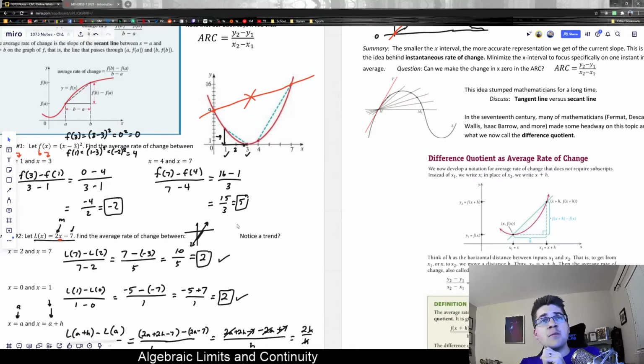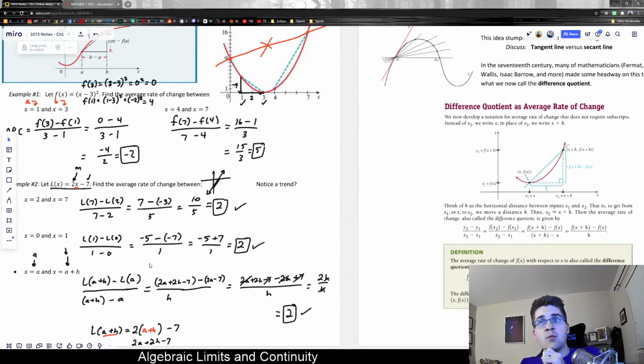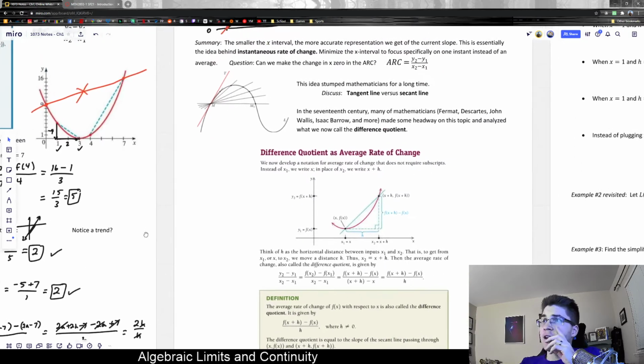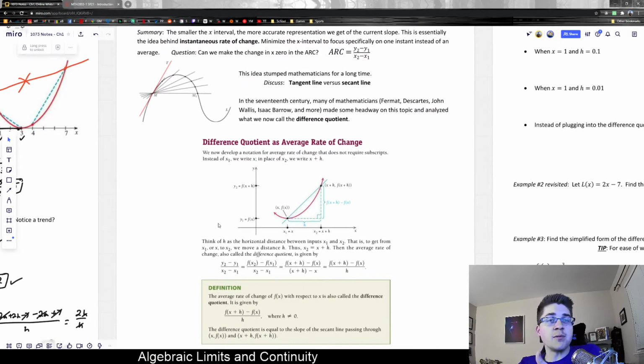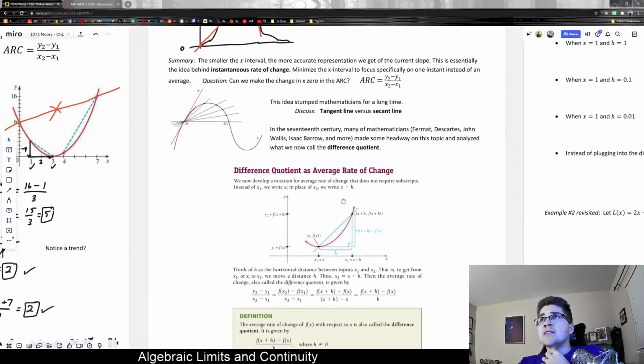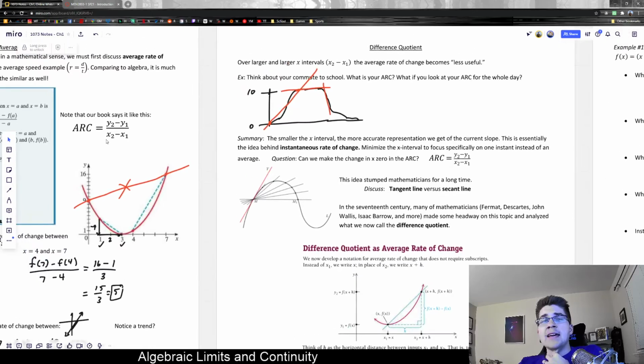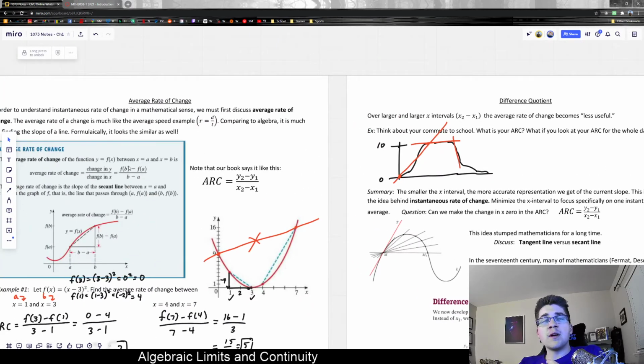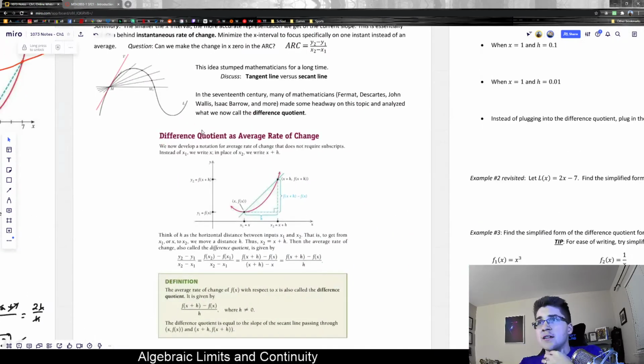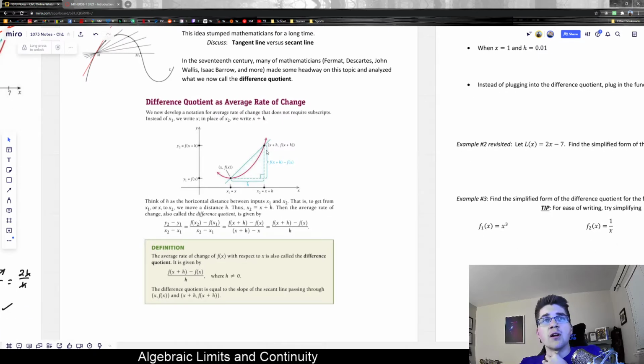Essentially, it's very much like the last example we were working on, where we were doing an algebraic rate of change using different variables instead of plugging in specific numbers. So in place of using a, b, and f of a and f of b, we're going to be inserting particular algebraic expressions into our difference quotient.